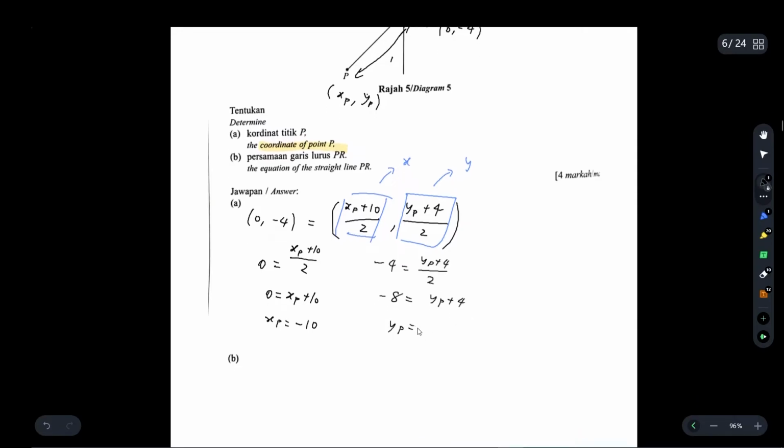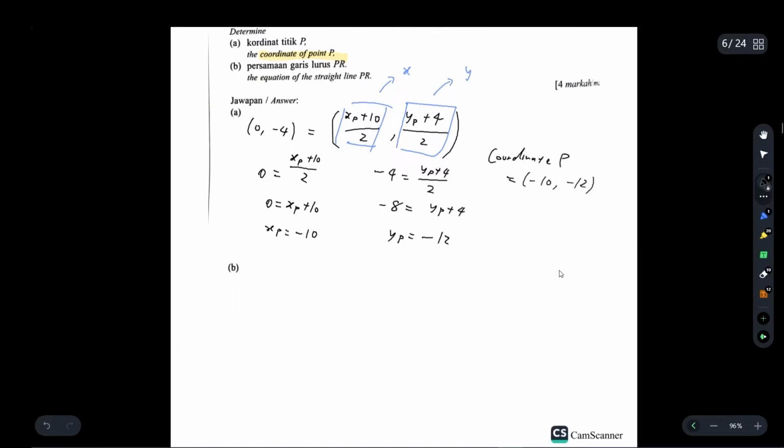Throw 4 to the other side, negative 8 minus 4 gives us negative 12. So the coordinate of point P is negative 10 and negative 12.